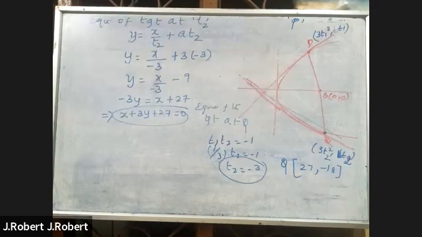A tangent to the parabola y squared equals 8x makes an angle of 45 degrees with a straight line y equals 3x plus 5.